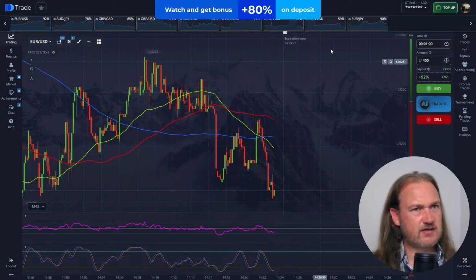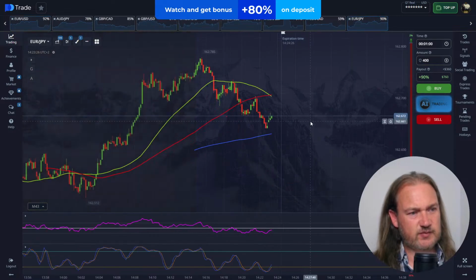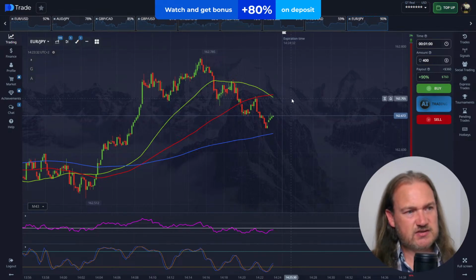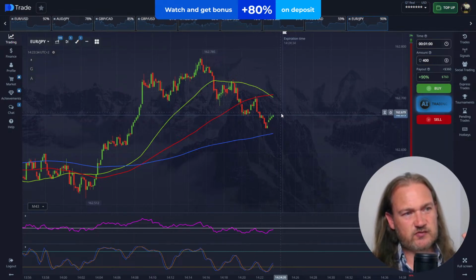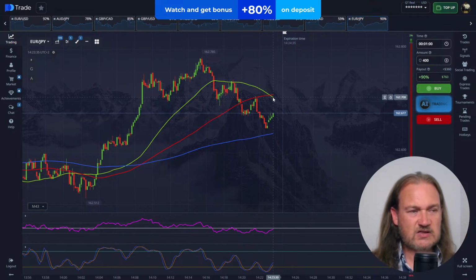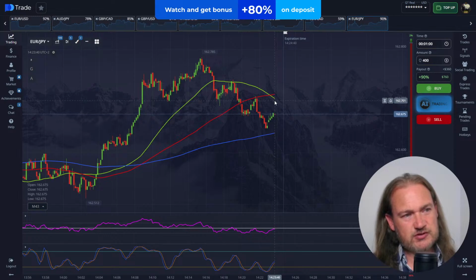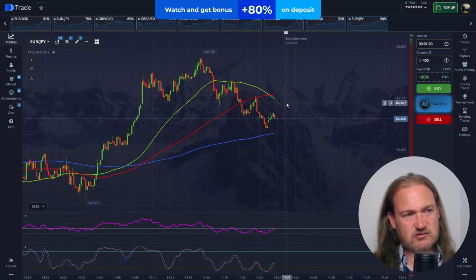Okay, it didn't give us a strategy entry there. Let's see if we might get another one here. A way to anticipate entries with this: we can see the 50 average moving downwards now, so this is moving in conjunction with price. If price pushes up to this area here, we're probably going to see it touch.